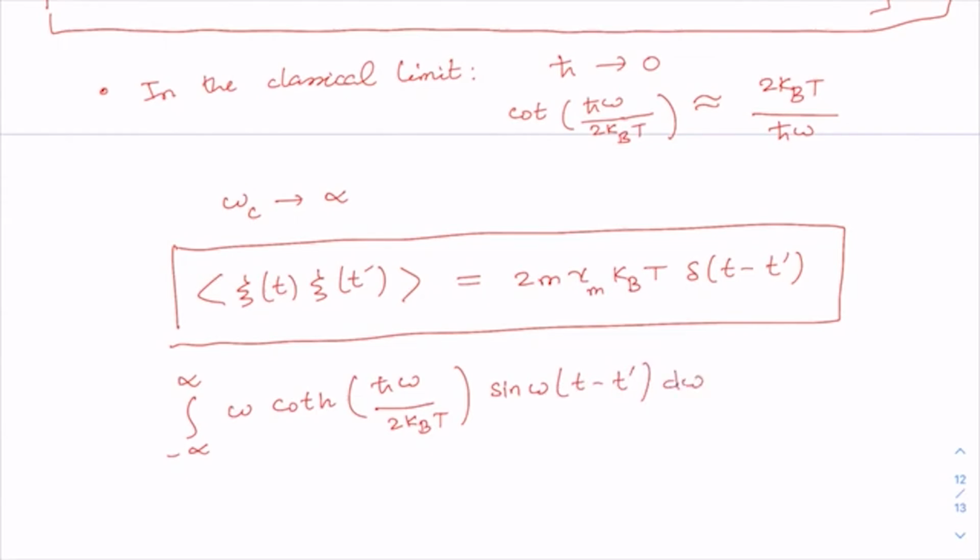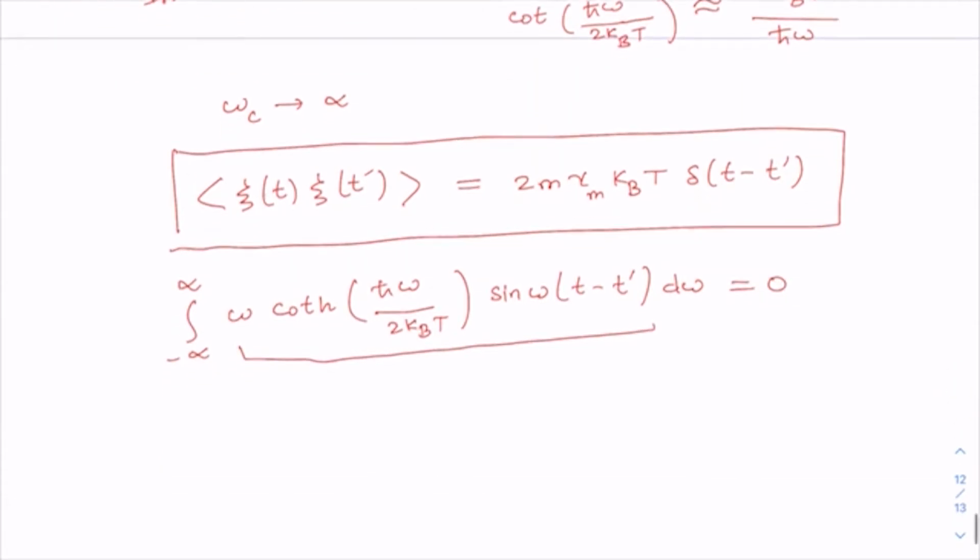This would be equal to 0 because the integrand would be an odd function. And another fact you can utilize is that the integral from minus infinity to plus infinity of omega cos ω(t − t') dω is equal to 0.